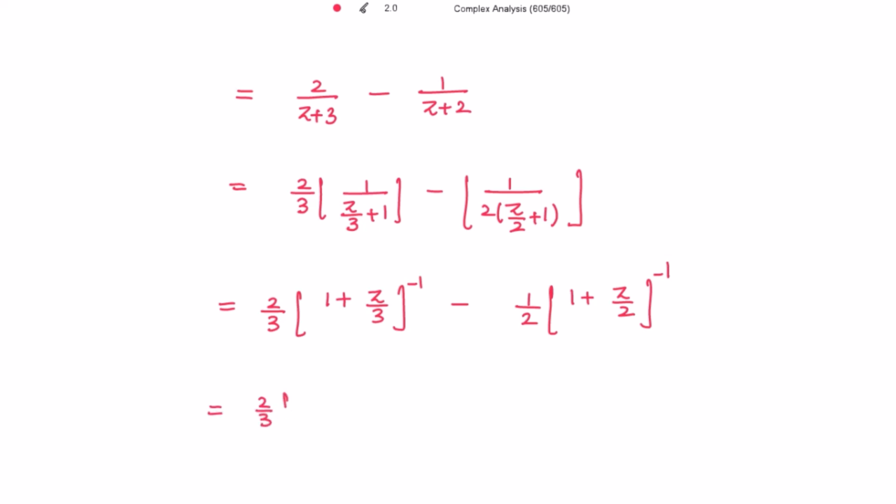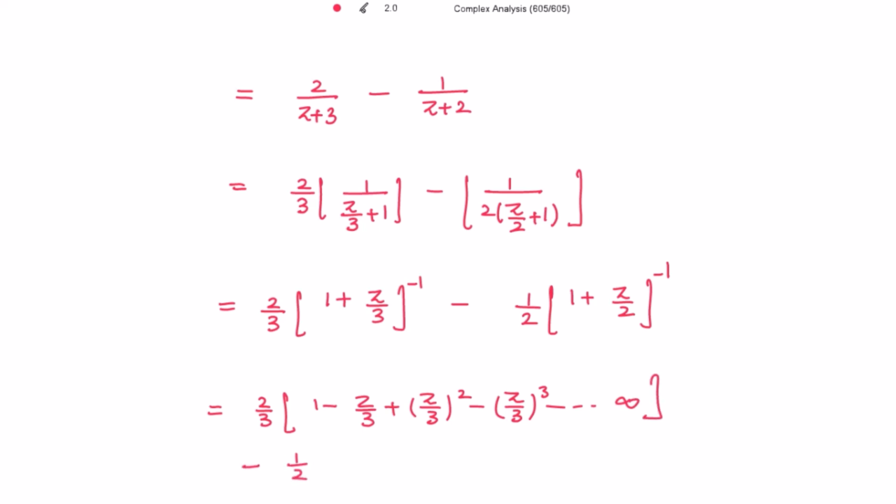So when expanding this, we get 1 minus z by 3 plus (z by 3) whole square minus (z by 3) whole cube up to so on infinity.